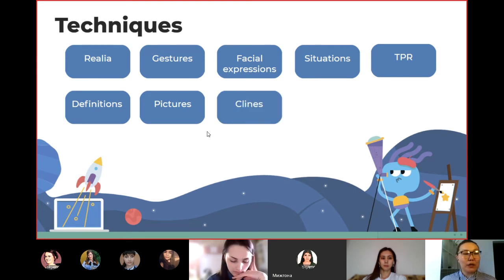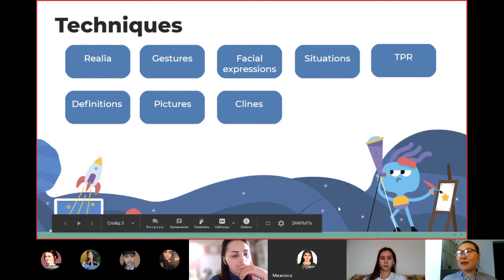Clines. Okay, what kind of vocabulary can be presented with clines? What are they? Any ideas? No? Okay, so we use clines to present vocabulary that can be graded.